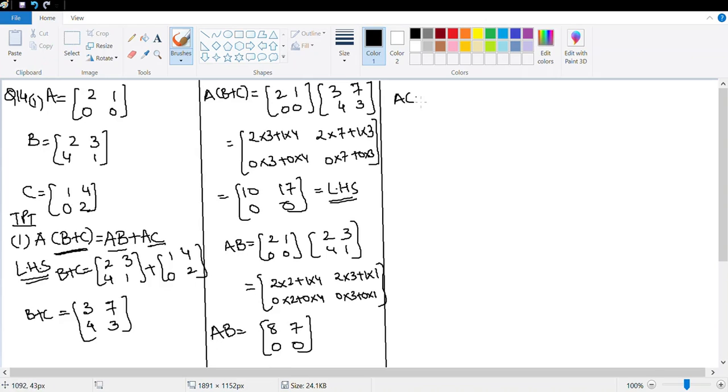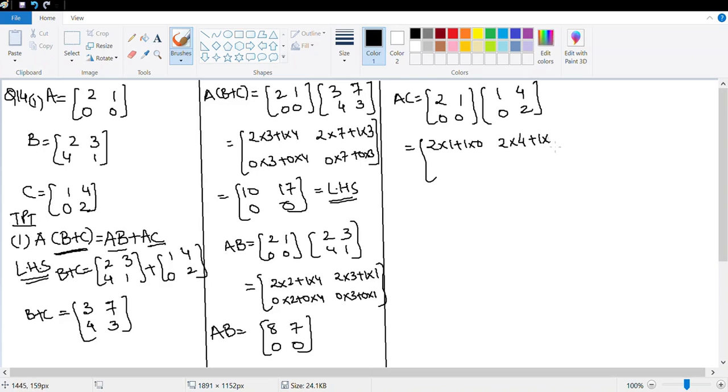Next term here is AC. Let me check what AC will be. So 2, 1, 0, 0 multiplied with C. C is 1, 4, 0, 2. Let's multiply. So 2 into 1 plus 1 into 0. That's row 1 with column 1. Next row 1 with column 2.